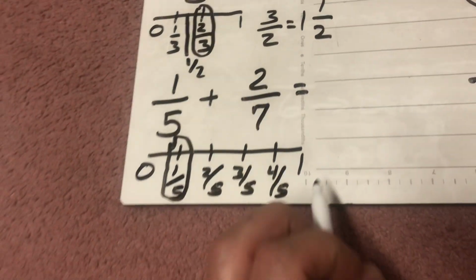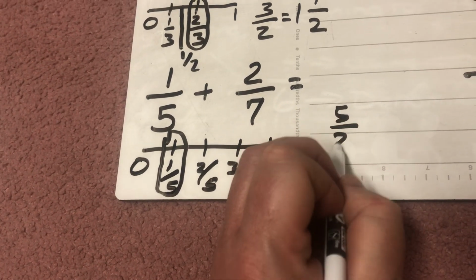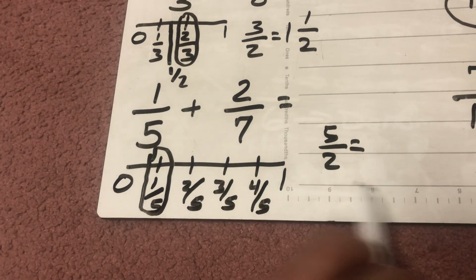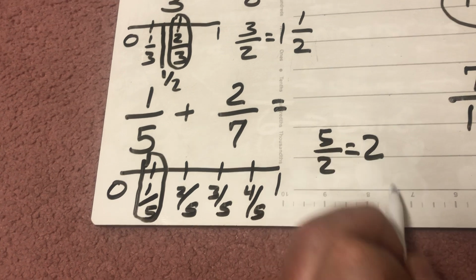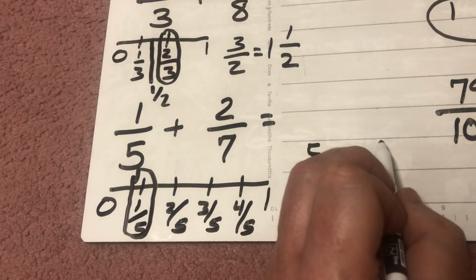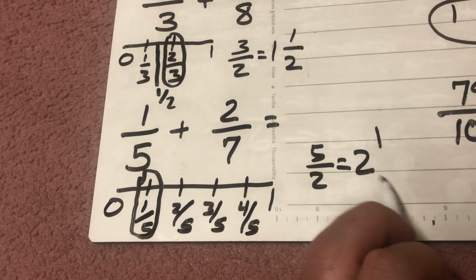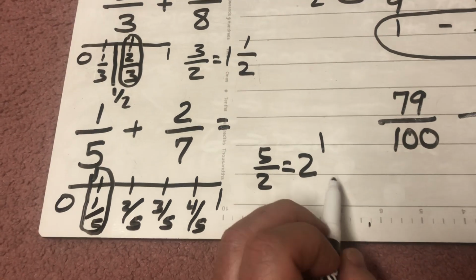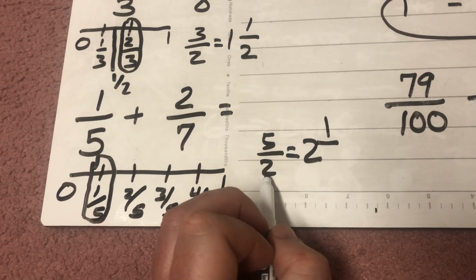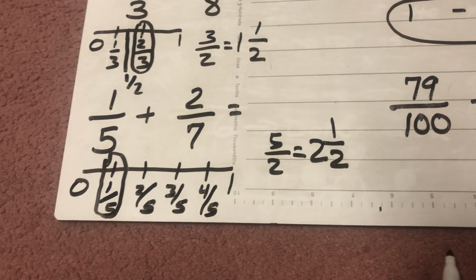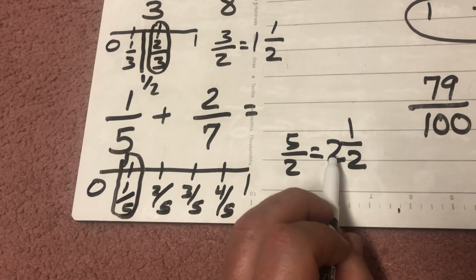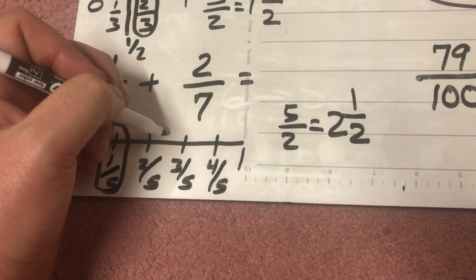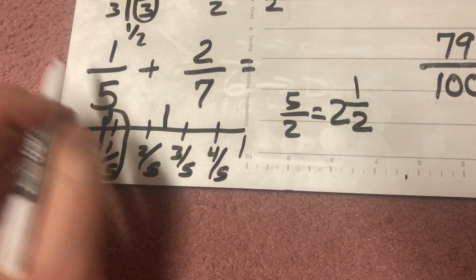If I'm thinking halfway, I'm thinking 5/2 because I'm dividing it by 2. The denominator's 5. 2 can go into 5 twice. If I take 2 into 5 twice, there's 1 left over because 2 times 2 is 4, and 5 minus 4 is 1. My denominator here is 2, so my denominator there is 2. I end up with 2.5, which means it's bigger than 2 but less than 3. Right there is going to be 1/2.